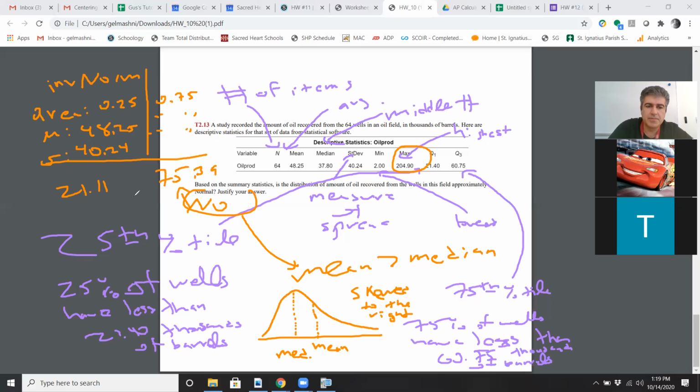The other reason would be Q3 is much bigger. Or Q3, let me, 75th from normal distribution is significantly different.